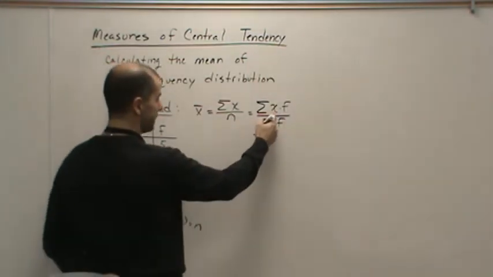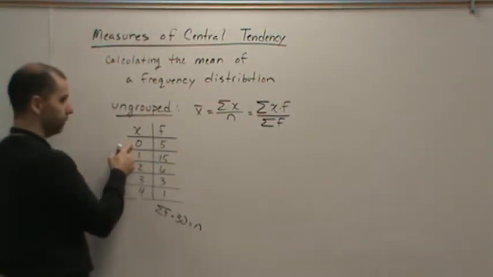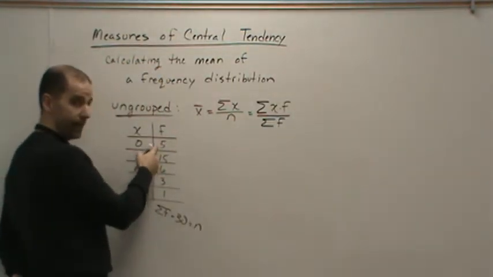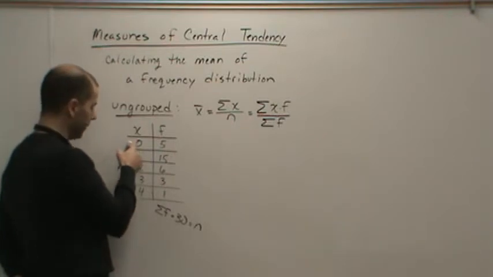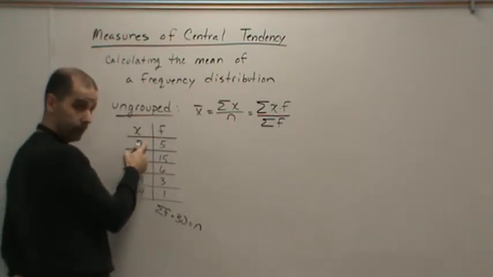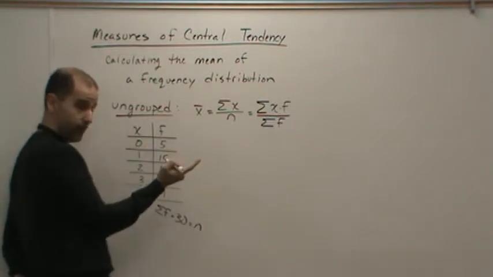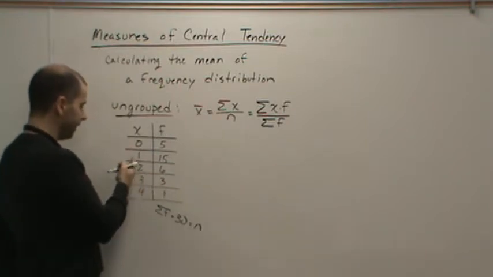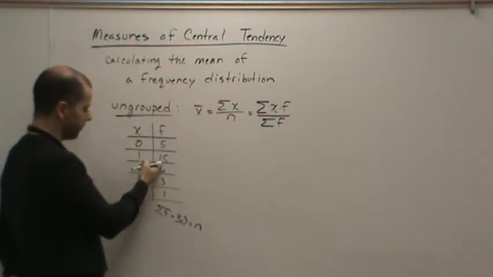So remember, if I take x, so x is 0, and I multiply it by the frequency, I get 0, right? Because 0 plus 0 plus 0 plus 0 plus 0, I add 0 5 times, I still get 0, right? If I'm going to take 1 times 15, well, how many ones do I have?